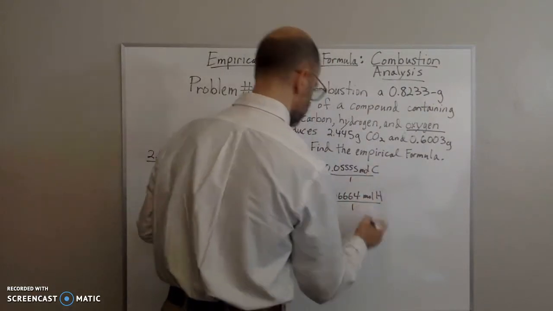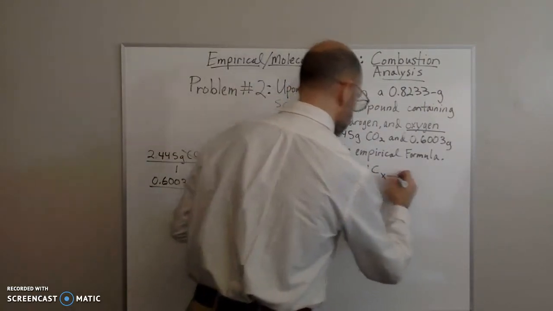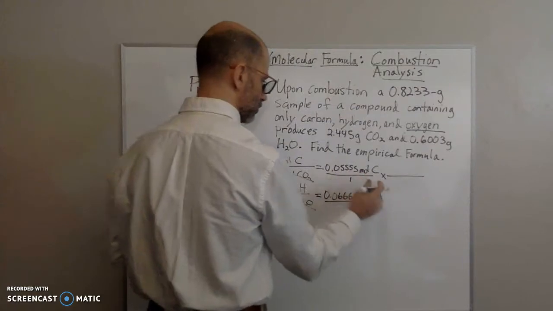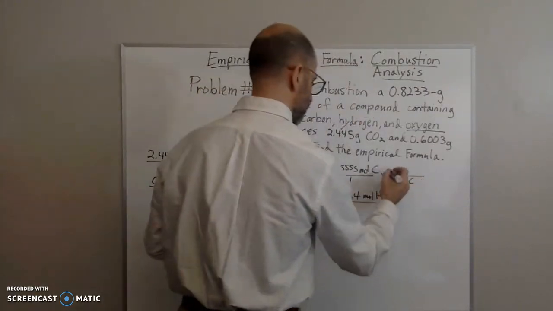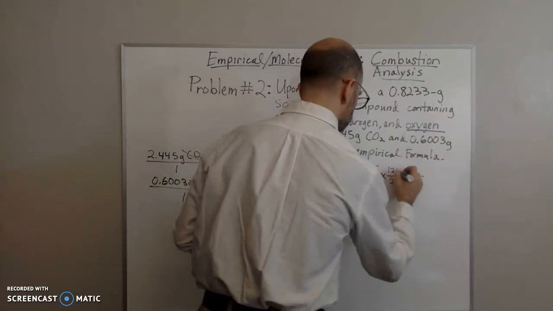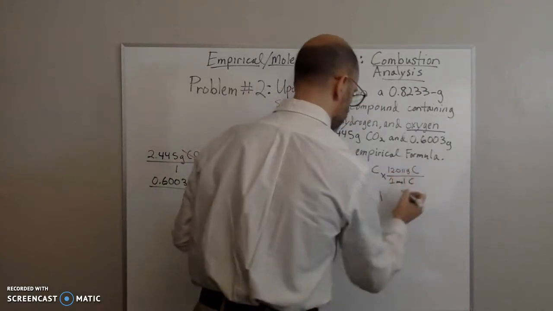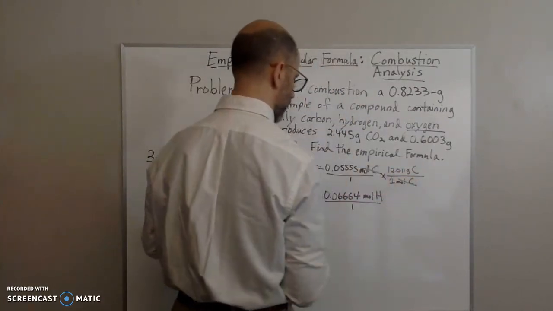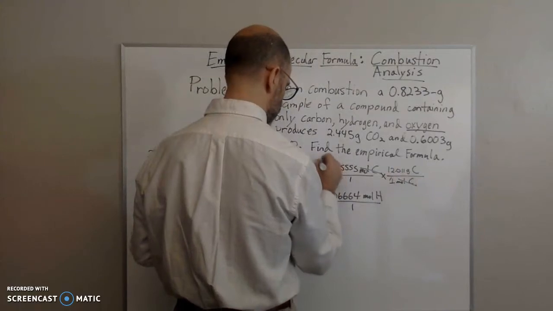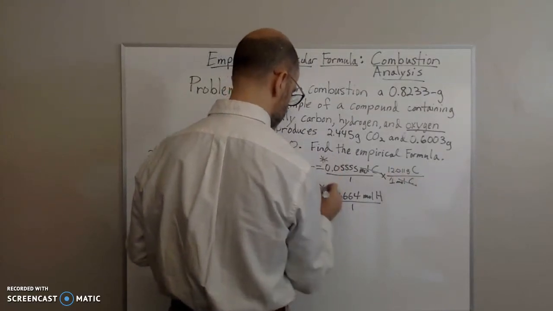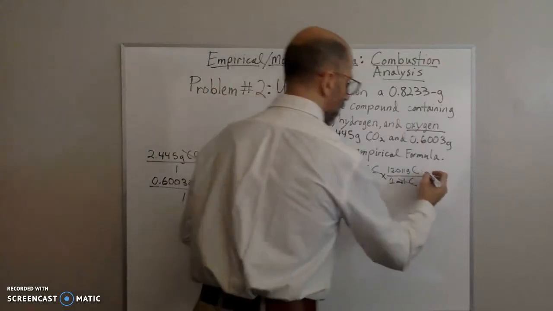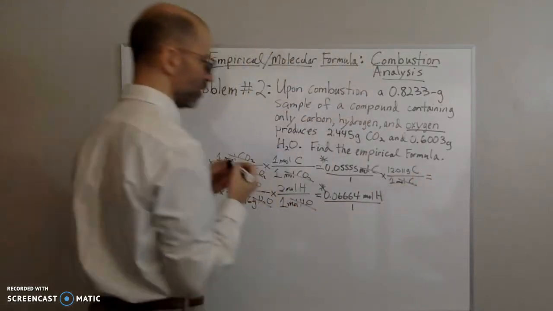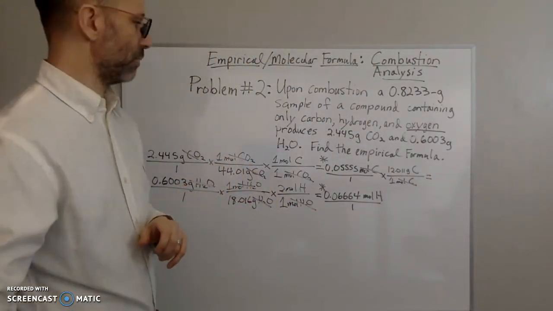So we're going to multiply by the molar mass of carbon. 1 mole of carbon is to 12.011 grams of carbon, so moles of carbon cancel out. We put a star here to remind ourselves that we're going to use these, and that'll give us the grams of carbon.